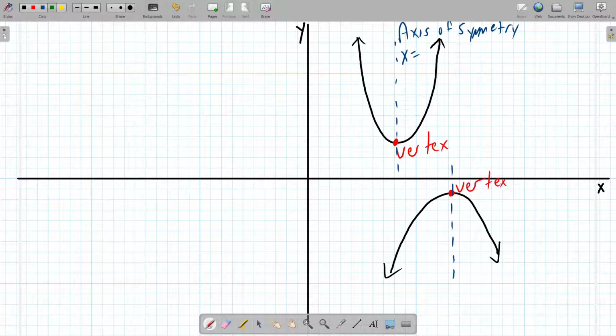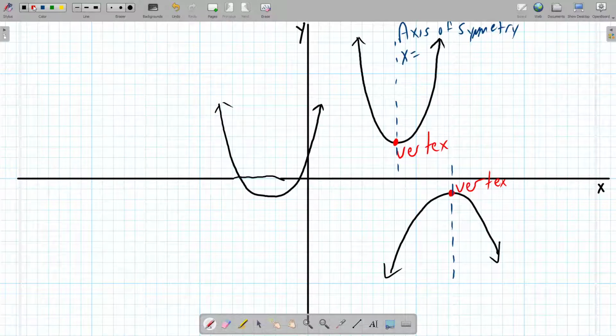We have a y-intercept, so let me draw another parabola. Let me draw a better one. All right, we know we have the vertex, we know we have the axis of symmetry.